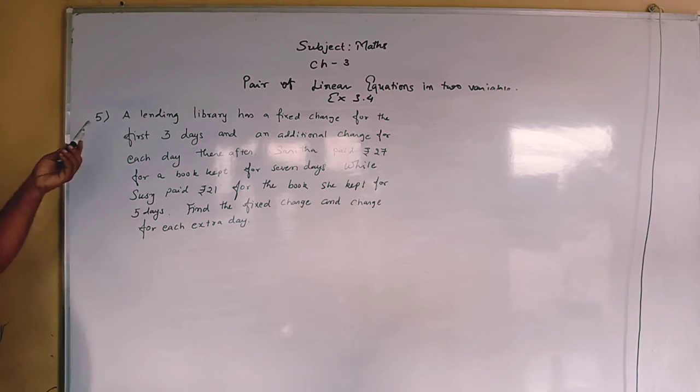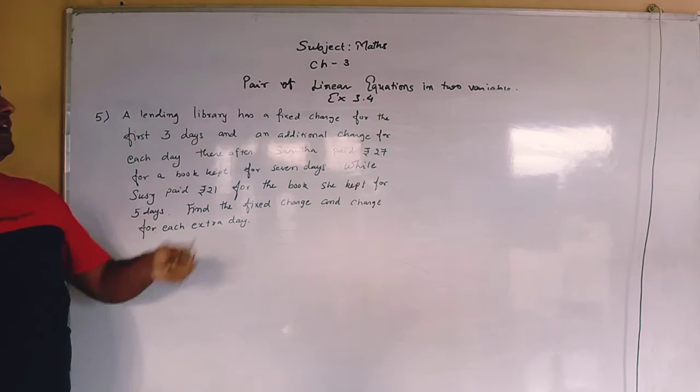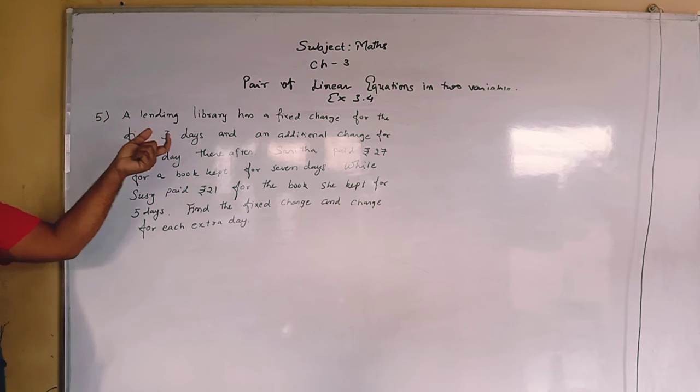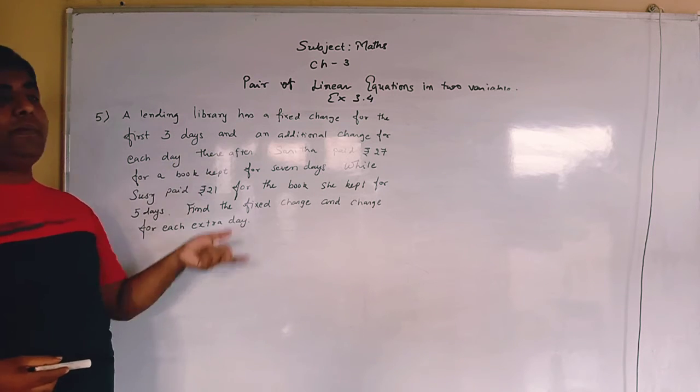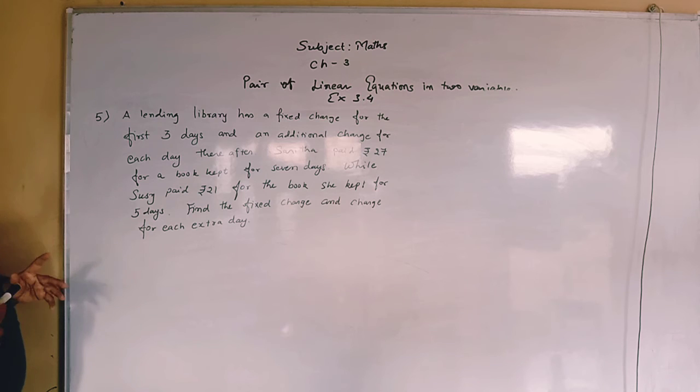Now we have a lending question, question 5. A lending library has a fixed charge for the first 3 days and an additional charge for each day thereafter. So for 3 days there is a fixed charge, there is no extra charge, and if after 3 days we want to extend, then we need to pay the extra charge.